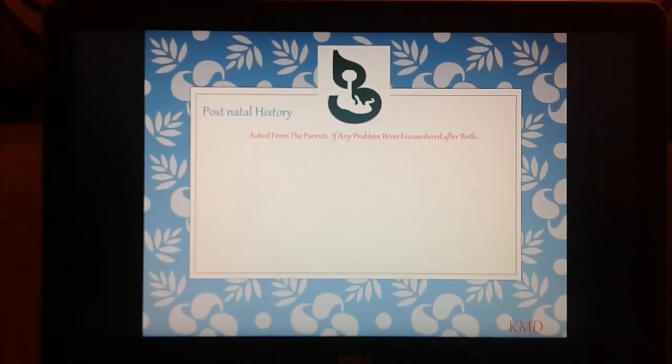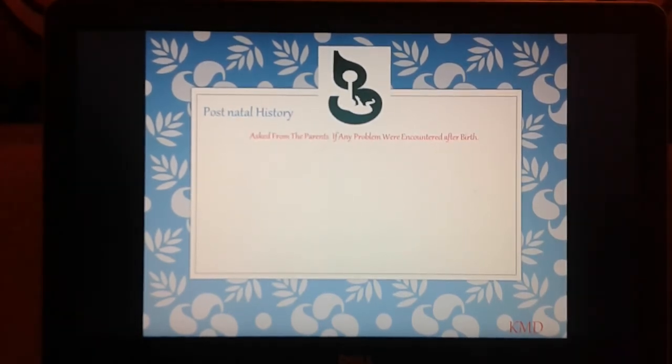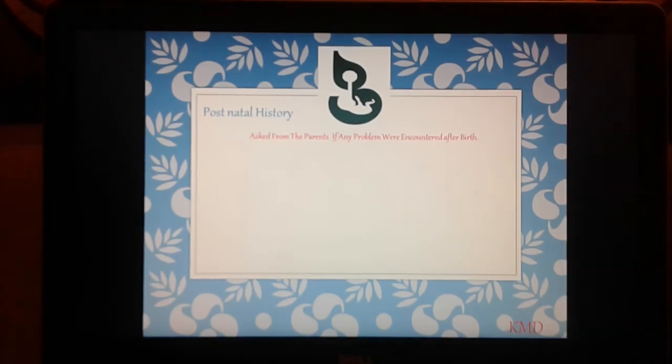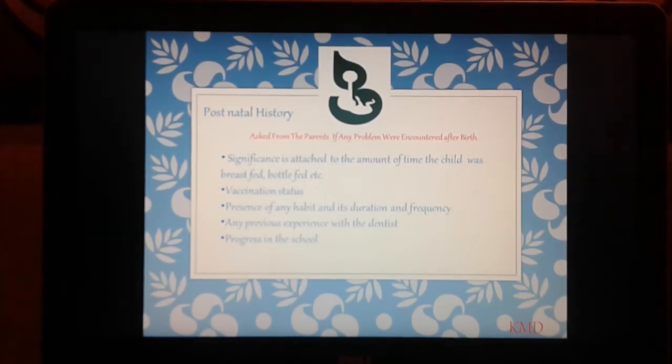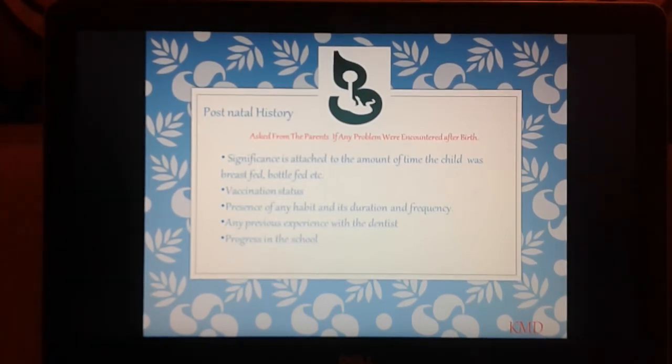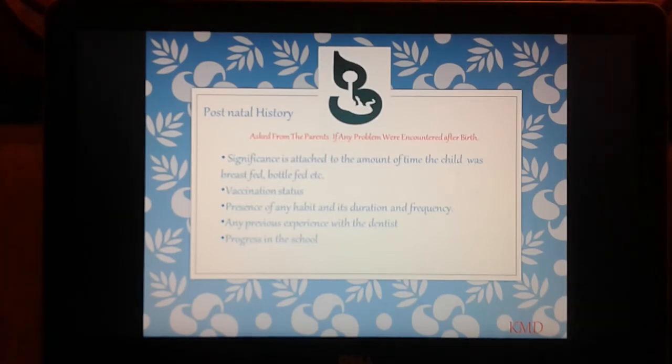For the postnatal history, it is also asked from the parents if any problems were encountered after birth. In this postnatal history, significance is attached to the amount of time the child was breastfed or bottle fed.